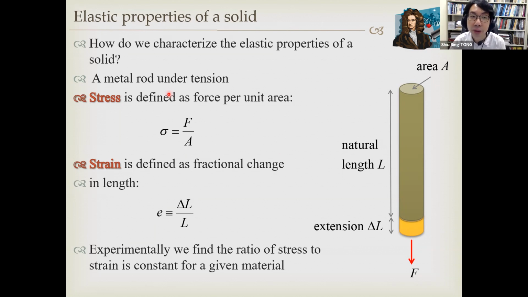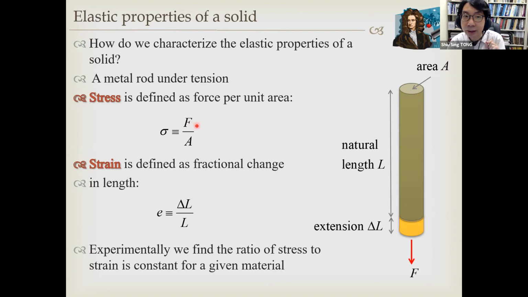Now, what we define as the material property is this. We define the stress. The stress is essentially the pressure. But for pressure, we actually have a pressing force; we press the object together, right? That's called pressure. But now we have a stretching force, so it is normally referred to as stress. That's a stretching pressure.